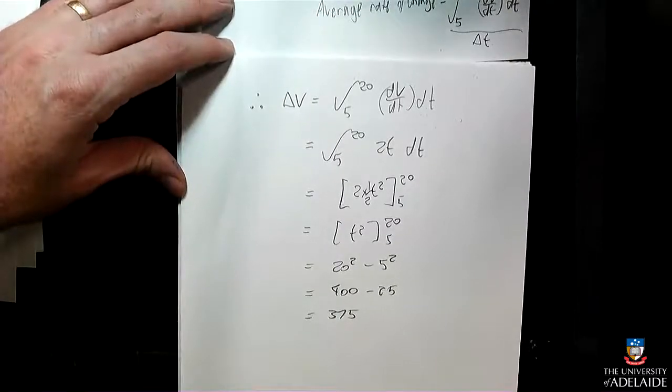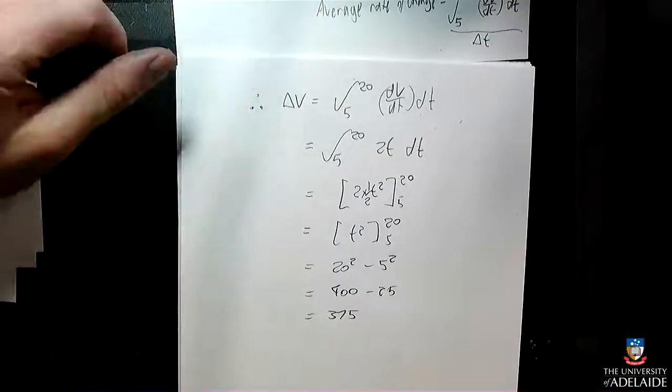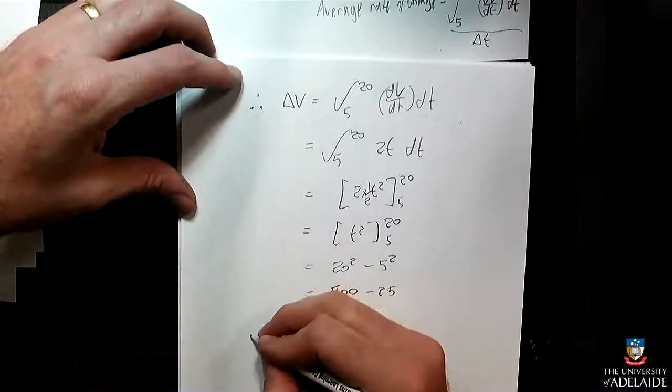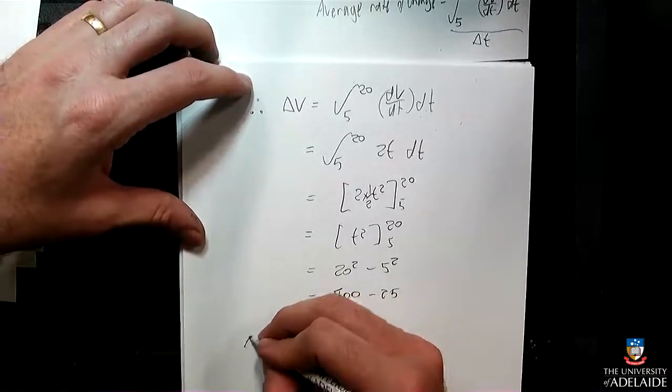But of course, at 5 seconds, v was 100 meters per second.